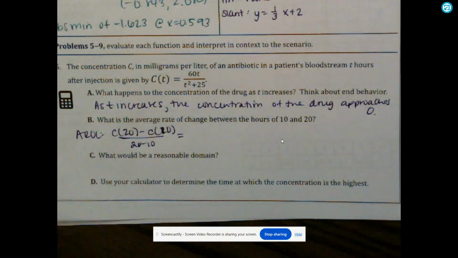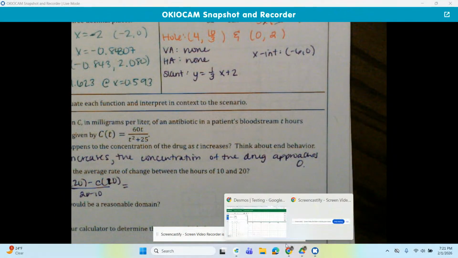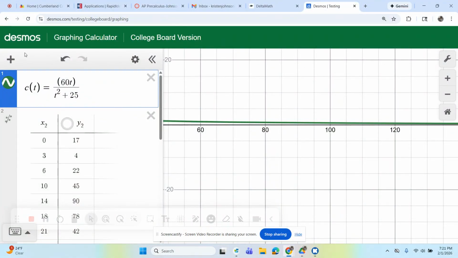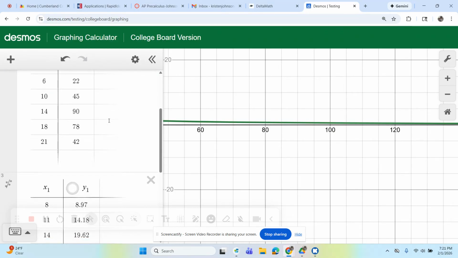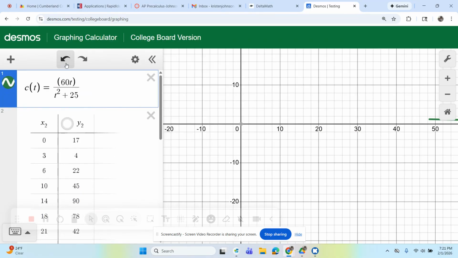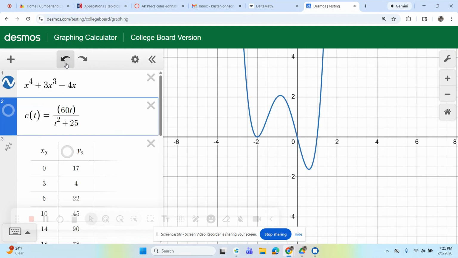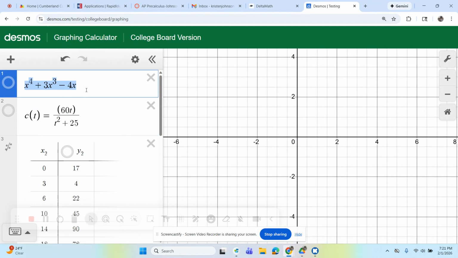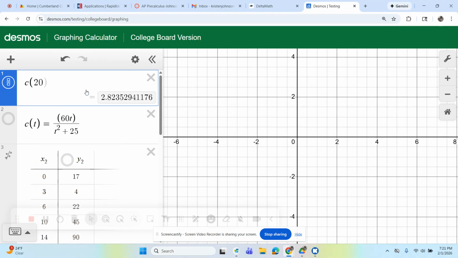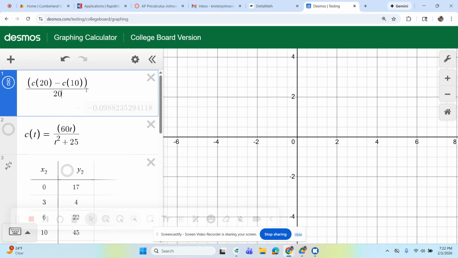Now, since I have already got that function in Desmos, I can go over here and let's see if I can calculate that. Okay, so if I want to do C of 20 minus C of 10, and you could also just do these individually and write them out, over 20 minus 10.